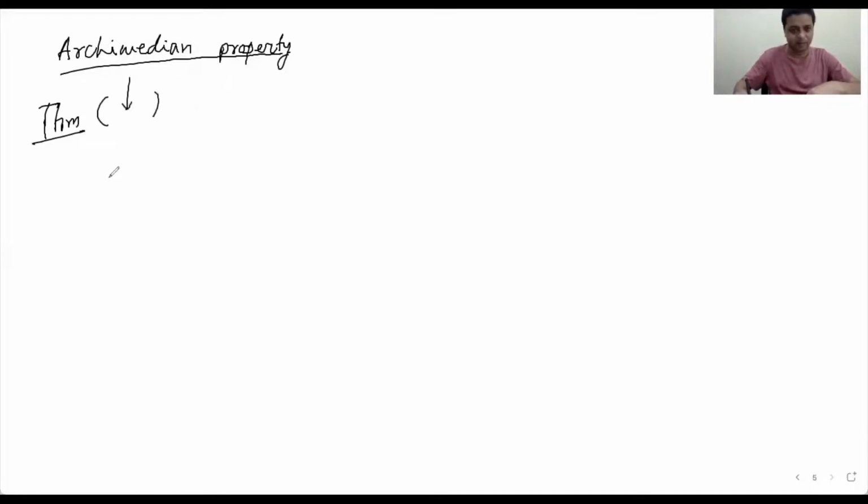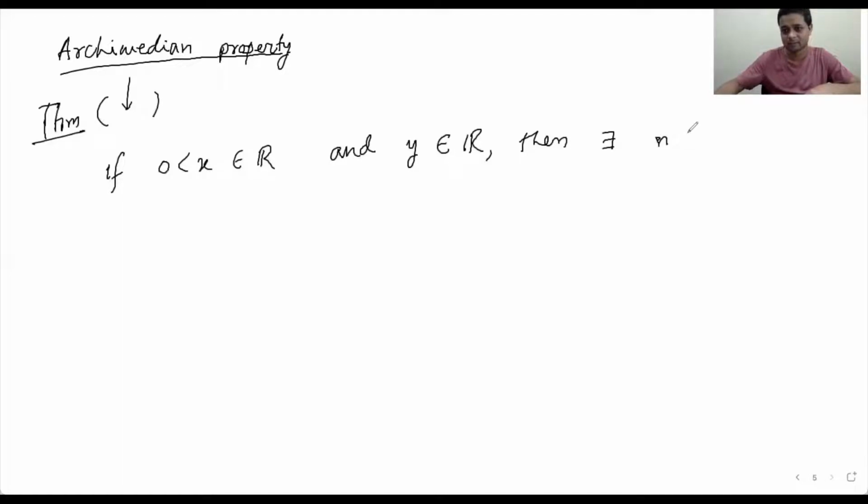Archimedean property: if 0 less than x belongs to R and y belongs to R, then there exists a natural number n belonging to the set of all natural numbers such that y is less than nx, or in other words nx is greater than y.